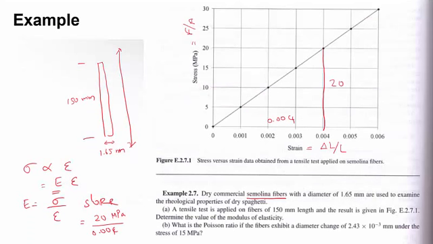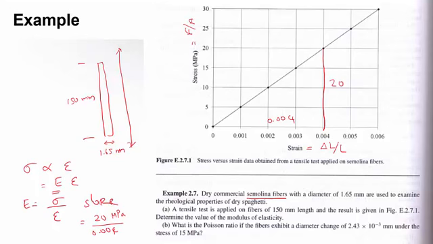Okay, let's go back to the questions. The next question is, what is the Poisson's ratio if the fiber exhibits a diameter change of 2.43 times 10 to the power minus 3 millimeter under a stress of 15 megapascals?